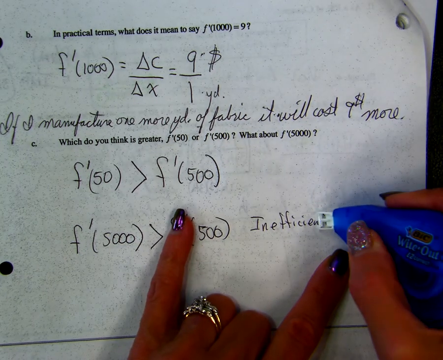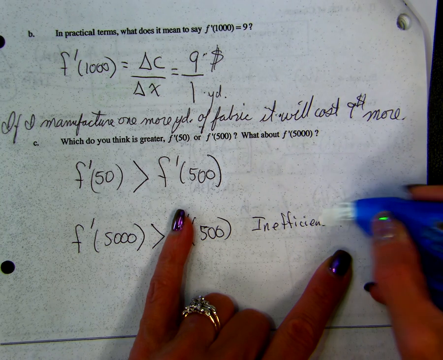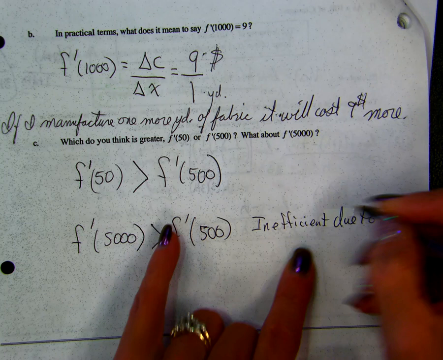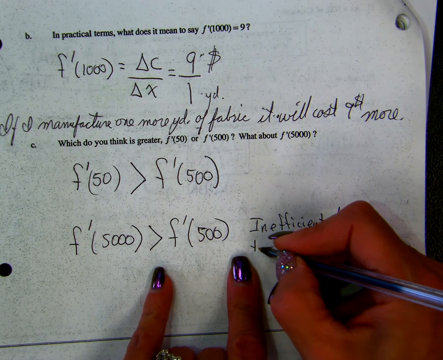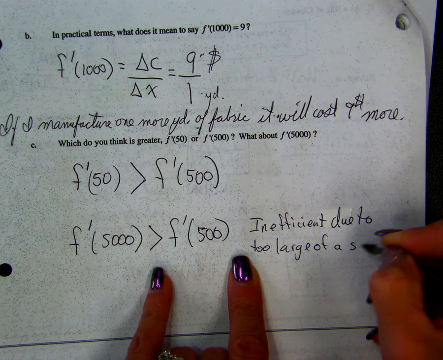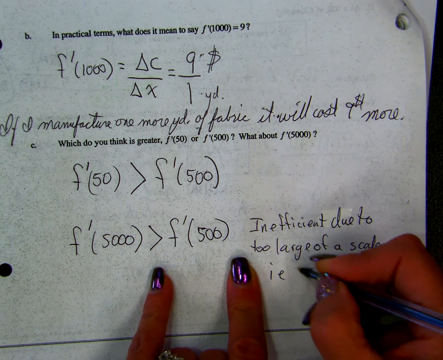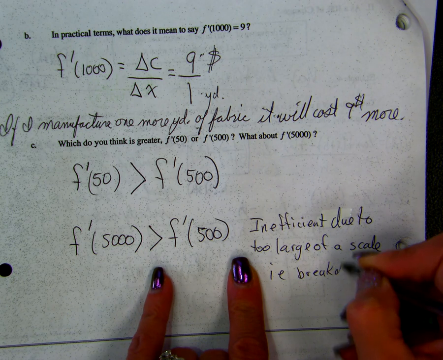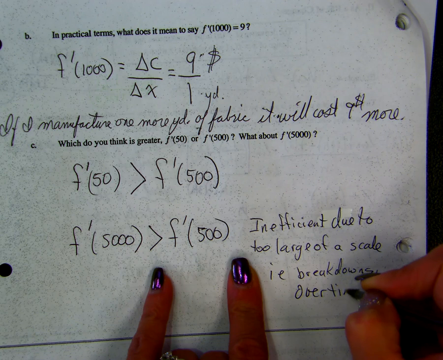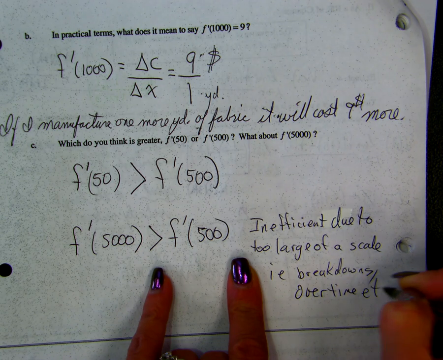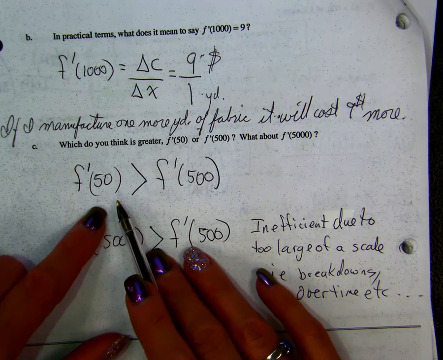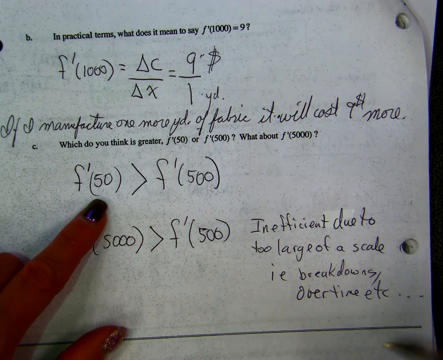Inefficient due to too large of a scale, i.e. we've got some breakdowns, we have to pay overtime, etc. Okay, and in manufacturing, you're trying to find out where is the best place to set your production level.